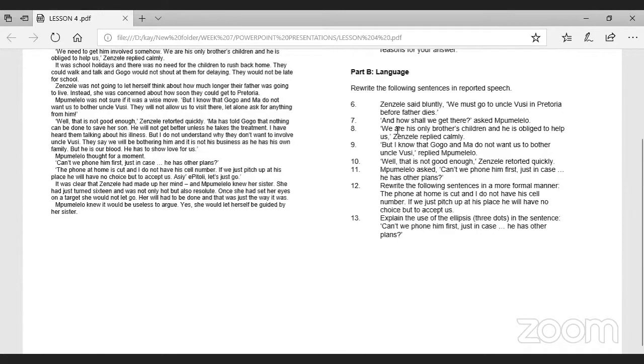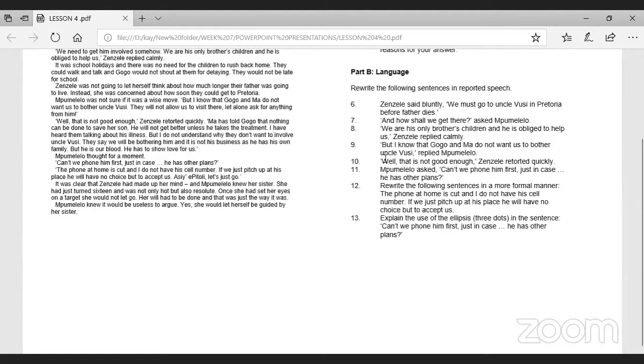So for number 8, you are going to say, Zenzele replied calmly that they were his only brother's children and that he was obliged to help them. Okay, so we moved from saying we are his only brother's children to saying Zenzele replied calmly that they were his only brother's children and that he was obliged to help them.